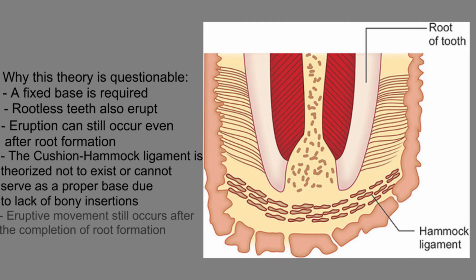Lastly, after resecting the root, it prevents further root formation but eruptive tooth movements continue. Root growth theory is now considered to be unimportant for tooth eruption, but it is true that root growth is necessary for eruption as it gives attachment to periodontal fibers.